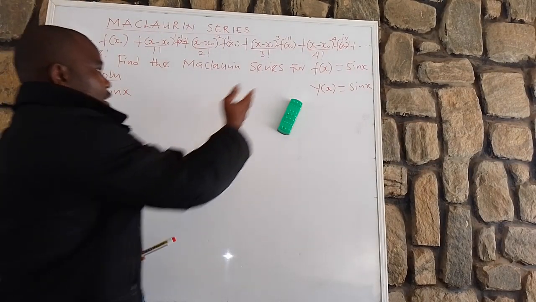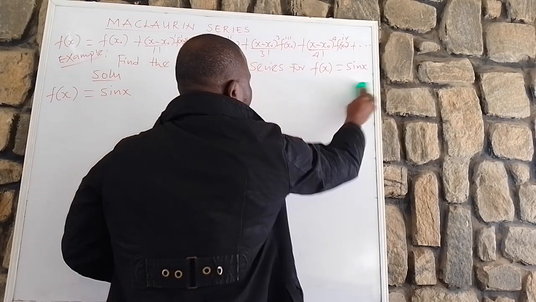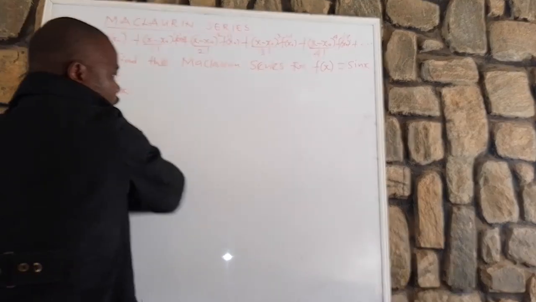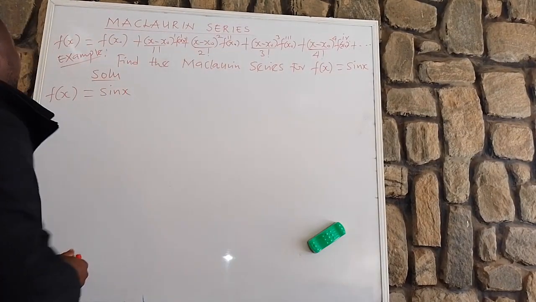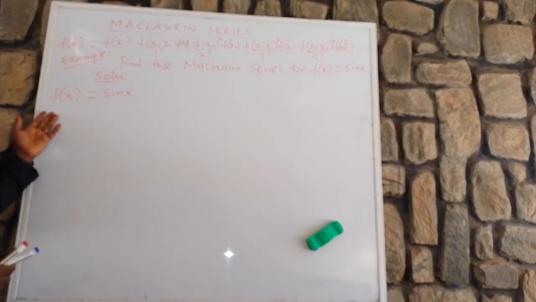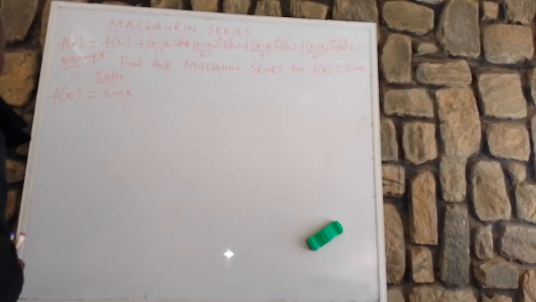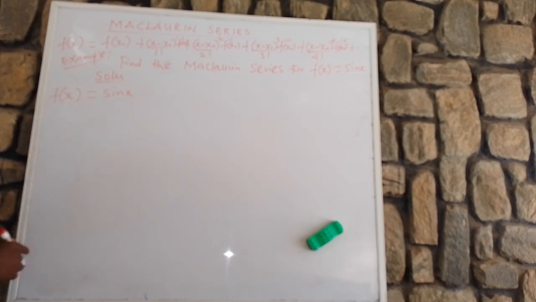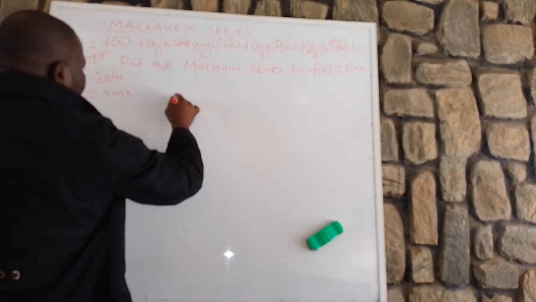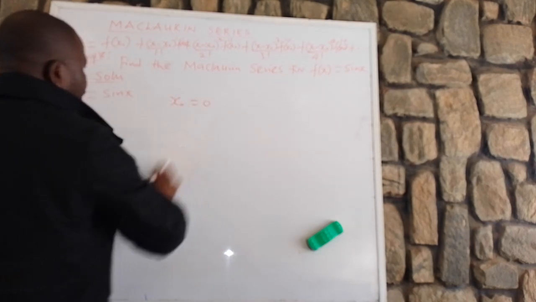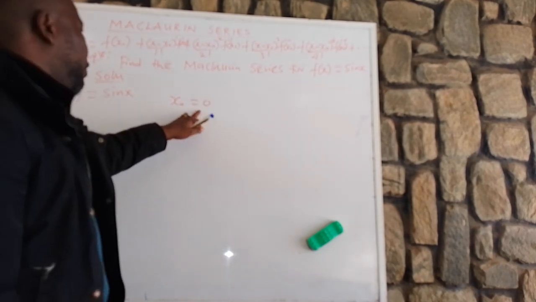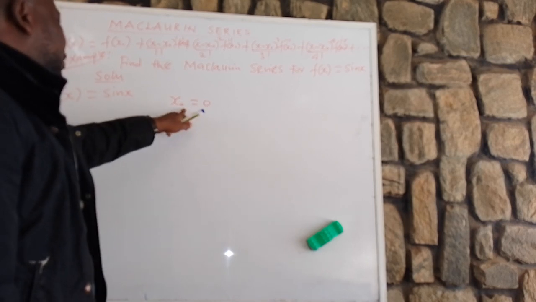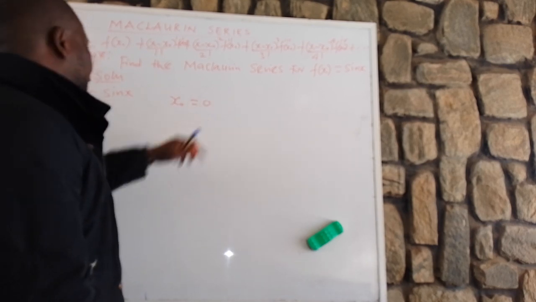If it is in this one, we apply the second formula. First we consider our x naught. When we say x naught in mathematics, it means 0. Please take note, your x naught is at the origin, so it's 0.